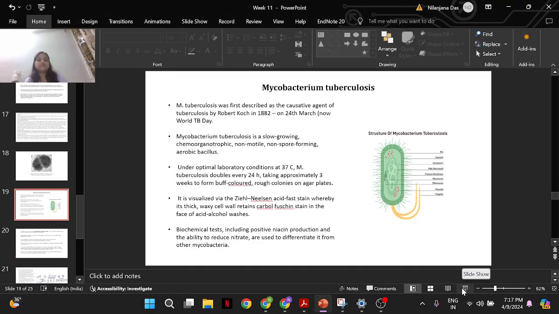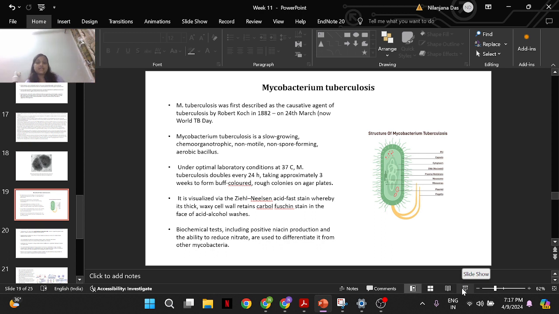Now we come to Mycobacterium tuberculosis, which is one of the famous bacteria that everyone knows about, because it has caused so many deaths. Not now, because some treatments are preventing it, but it is still a bacterium with multiple drug resistance.